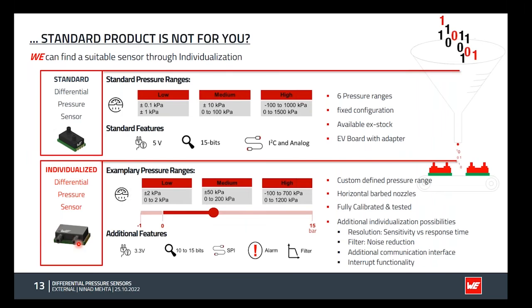For example, you might have horizontal nozzles instead of straight nozzles, so that it's easier to connect the tubes to the sensors, or a different pressure measurement range based on your application, or the operating voltage can be reduced to 3.3 volts for battery operated devices, or a lower resolution, so that you can have a faster response time, or an additional SPI digital interface, or even an inbuilt alarm, so that whenever the pressure is high or below a certain threshold, the sensor alerts the microcontroller. So this could be a very good example for power saving applications.